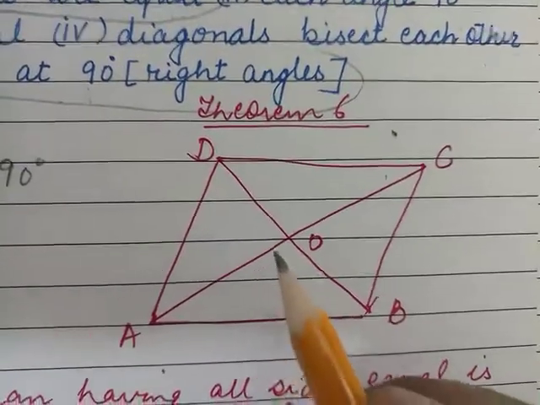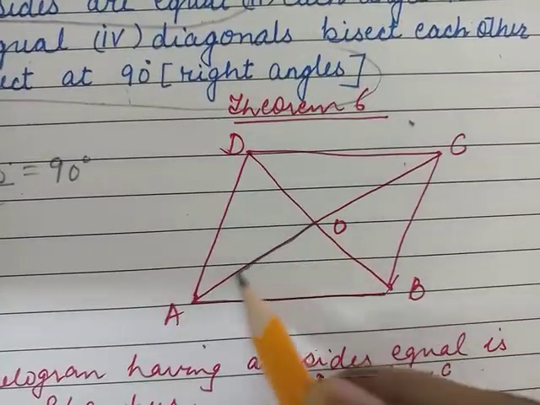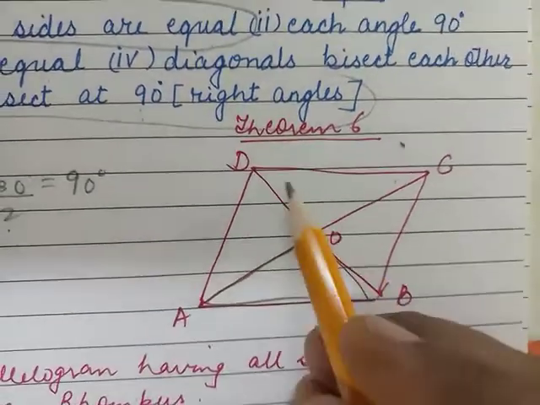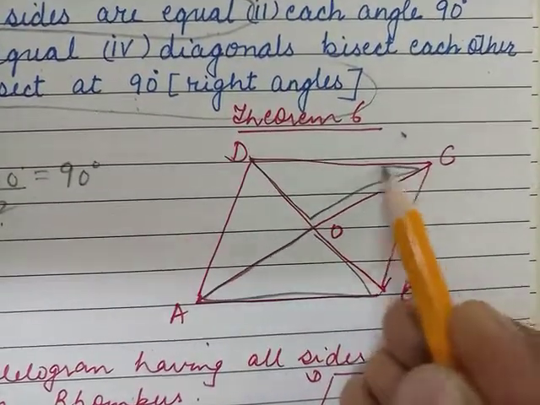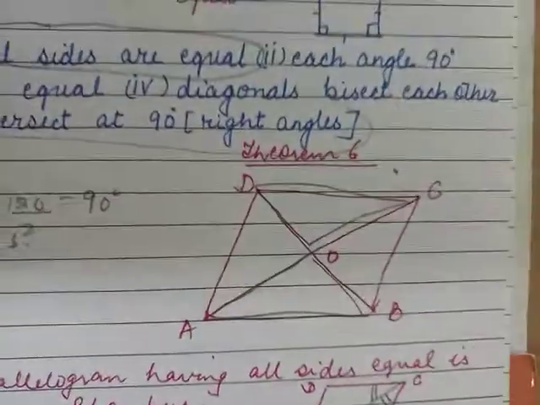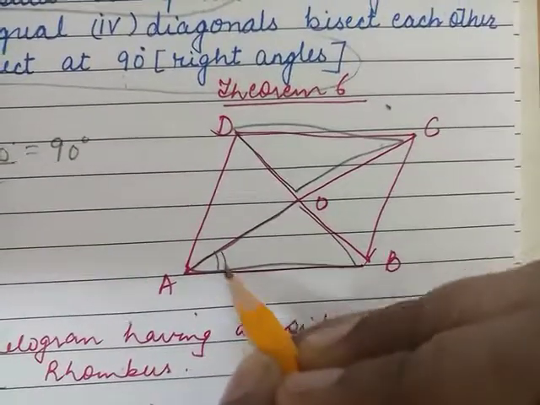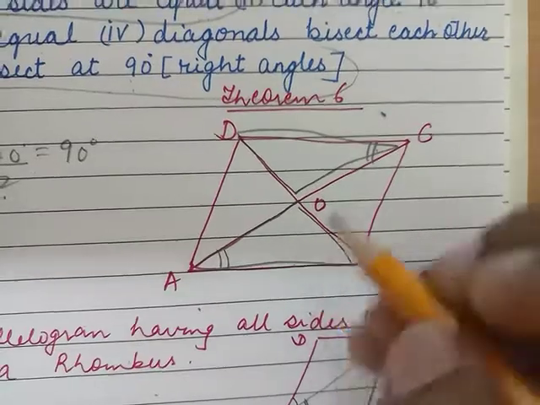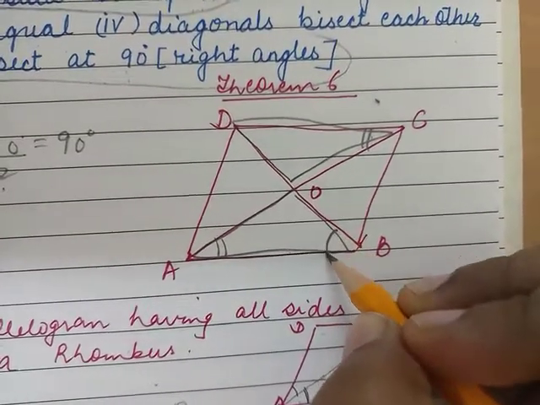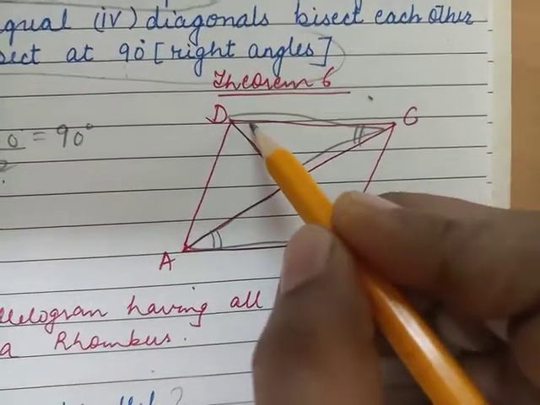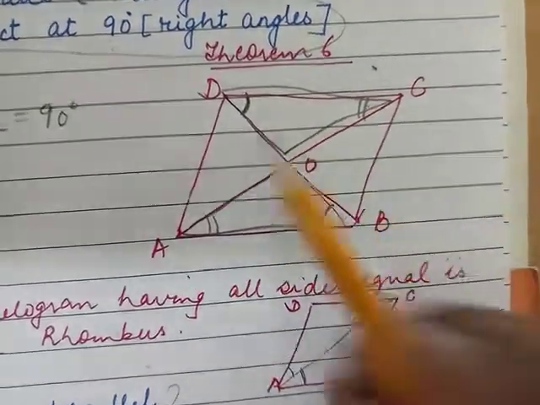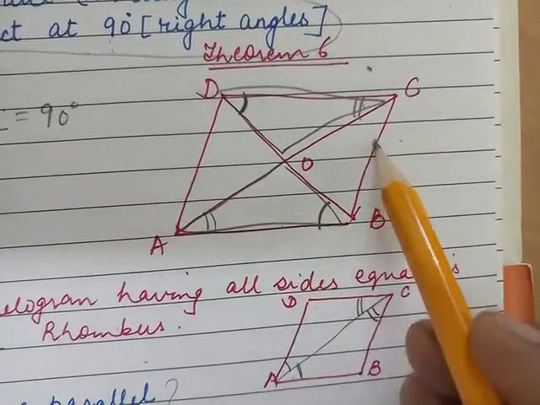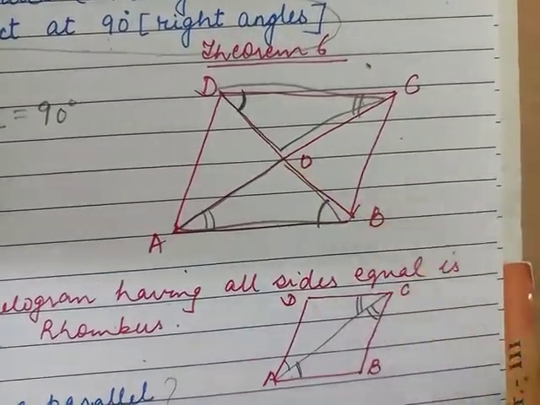So for that I consider triangle OAB and triangle ODC. These two angles are alternate angles because opposite sides are parallel. Similarly, this angle will be equal to this because again these two lines are parallel, therefore alternate angles will become equal.